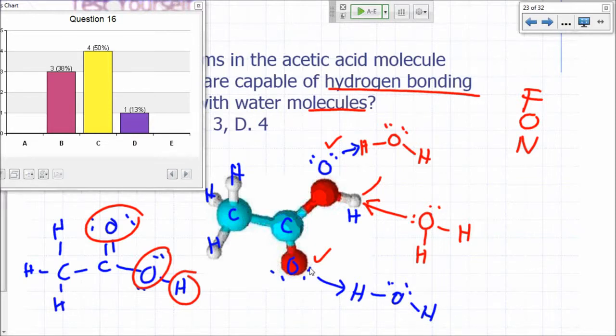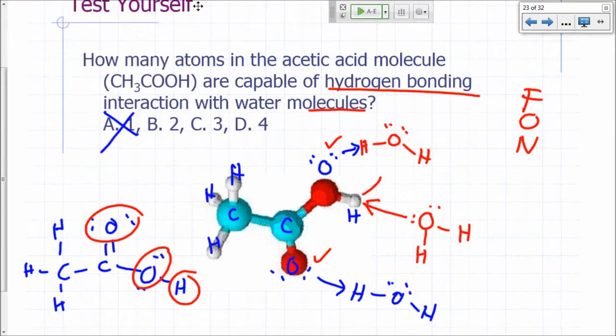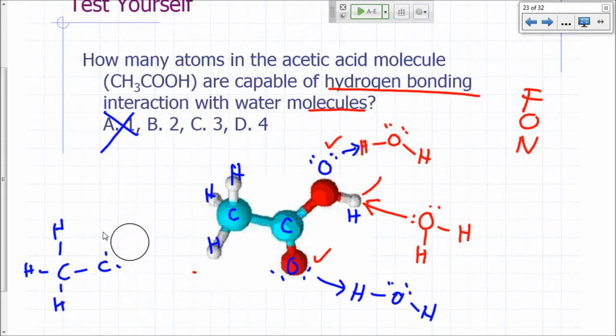Which one? This one? Yeah, like the one on the top. Oh, I just drew it differently. Let me redraw it. The answer was 3, right? The way this is shown right here, that's C double bond O, then O, H. That's a double bond right there, and that's a single bond.